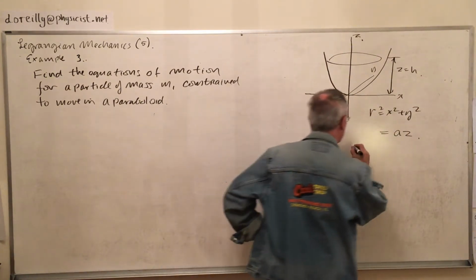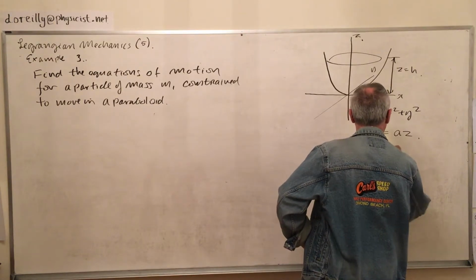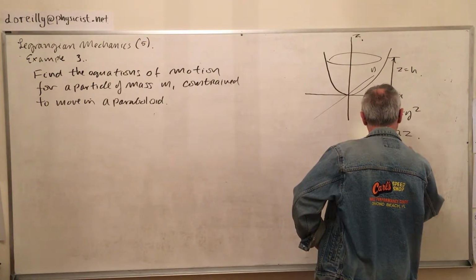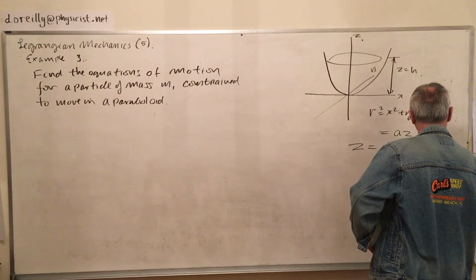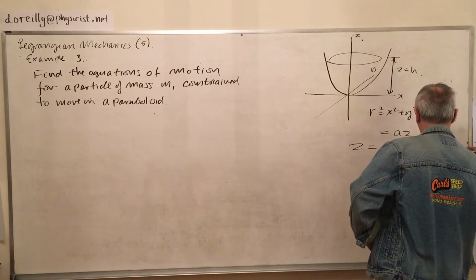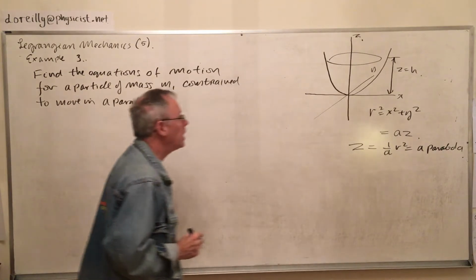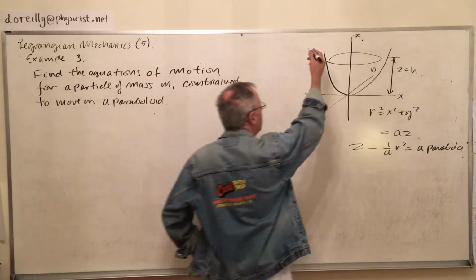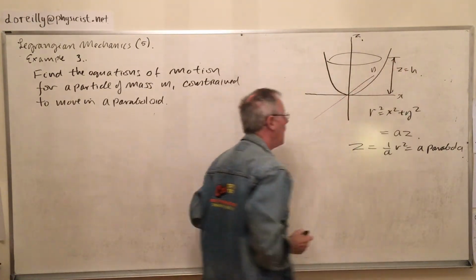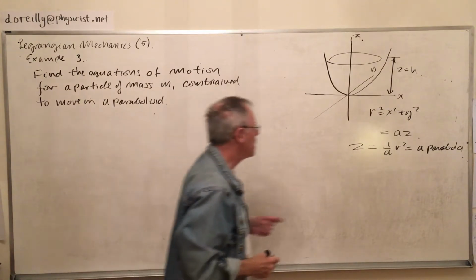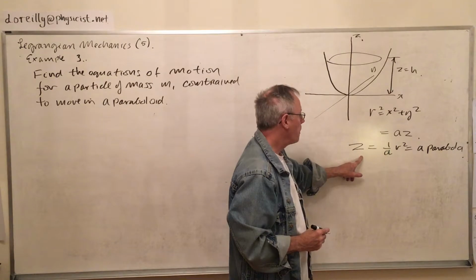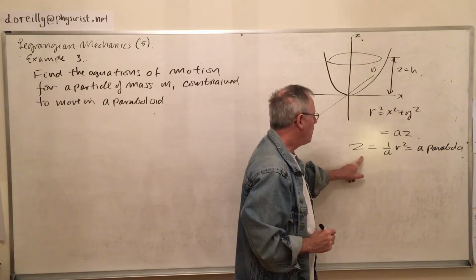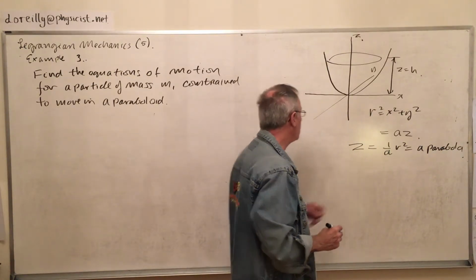In other words, z is 1 over a times r squared is going to be this parabola, and it rotates and it becomes a paraboloid because for any value of r, there's a corresponding value of z. Okay? So let's see what the equations of motion are going to be.